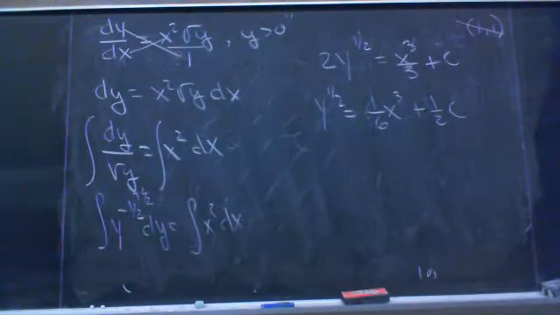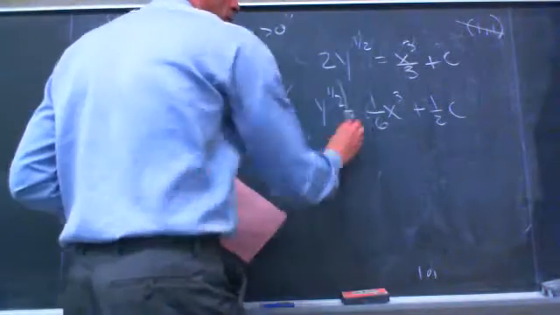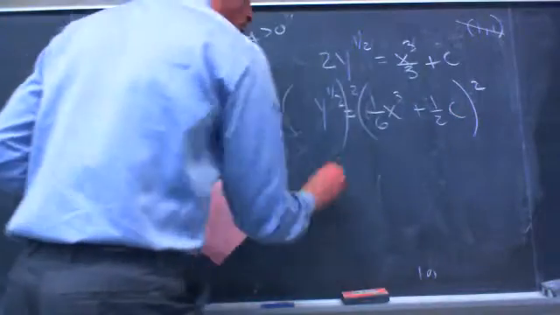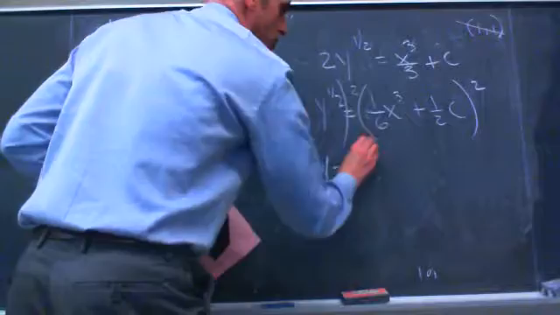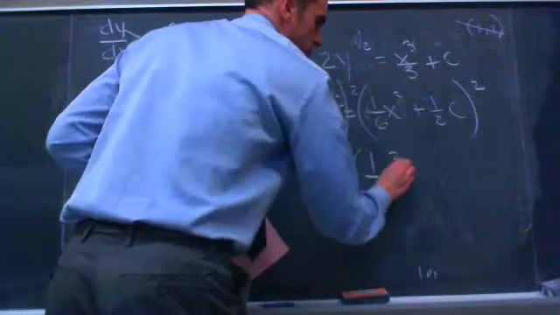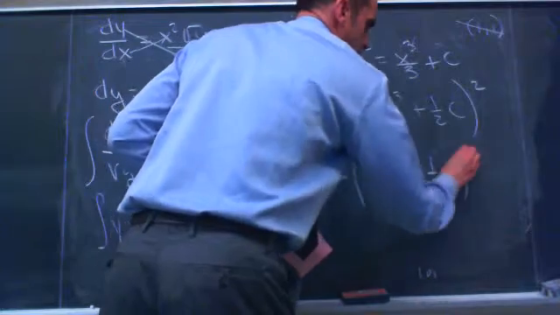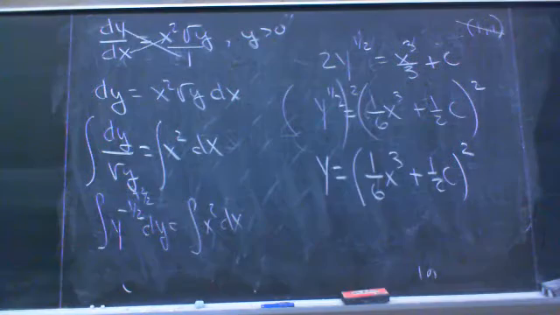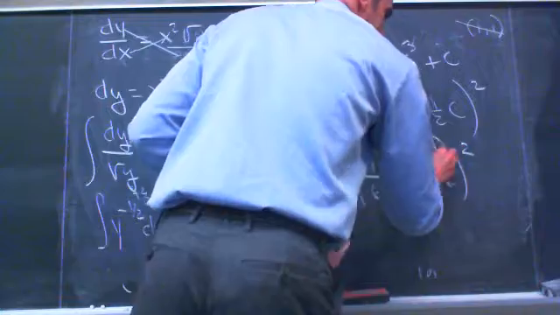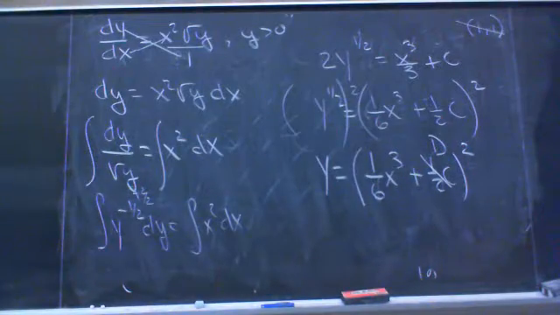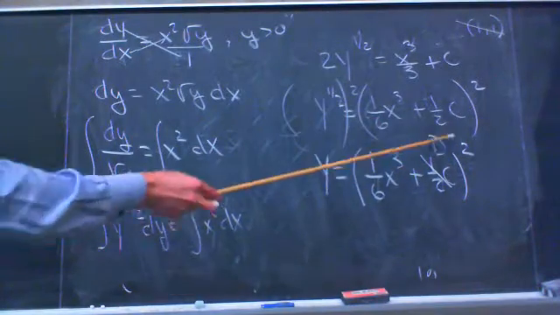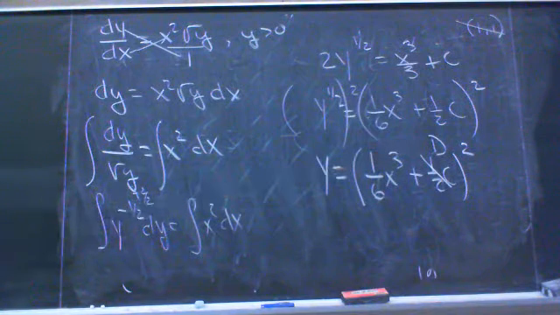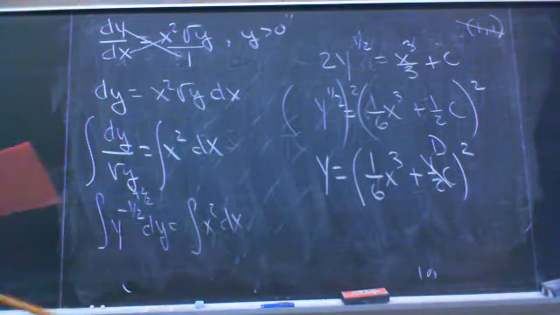And then I will undo the 1/2 by squaring both sides, and the general solution will look like y equals (1/6 x cubed plus 1/2 c) squared. And you could leave it of that form, or you can call this a whole new constant d or c1. The whole point being is that this term here is a constant. You can keep it as 1/2 c or call it a whole new constant d.